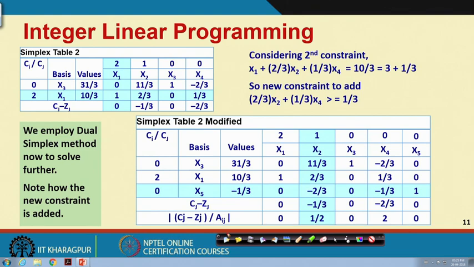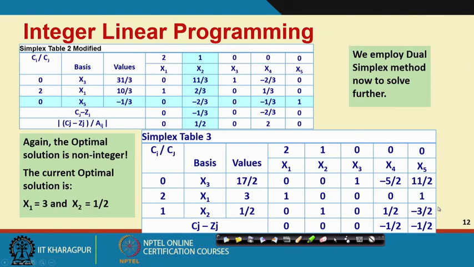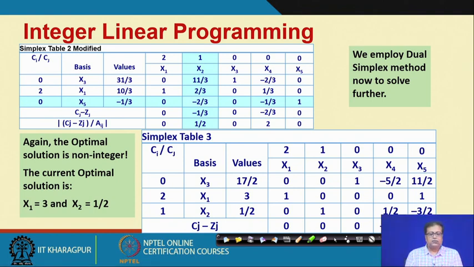So, once we do that, then we find in the next slide that this is going to be our new solution space. So, what is the optimal solution we have found at this point? We found x1 equal to 3. So, this was the table.